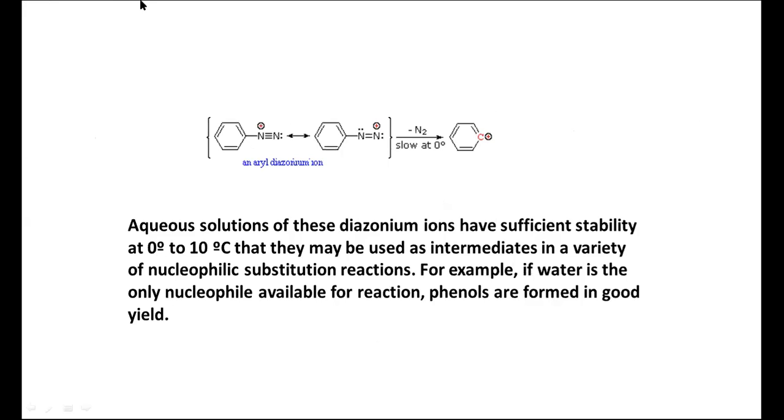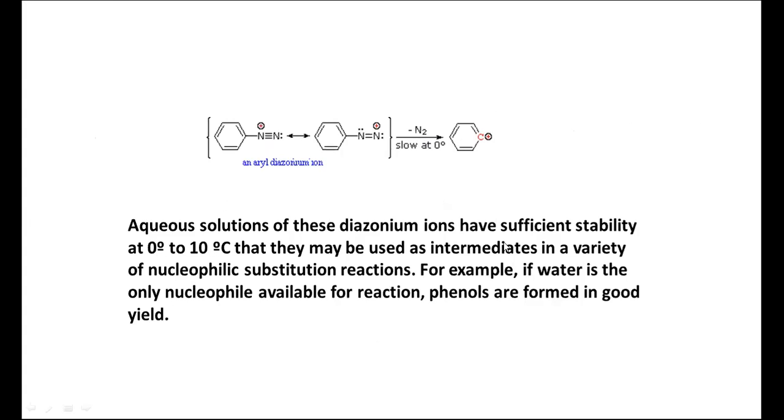Now here, with aryl amines, how does this reaction take place? This is going to be the benzene diazonium ion, the aryl diazonium ion, which will lose nitrogen gas, and you will get a phenyl carbocation.